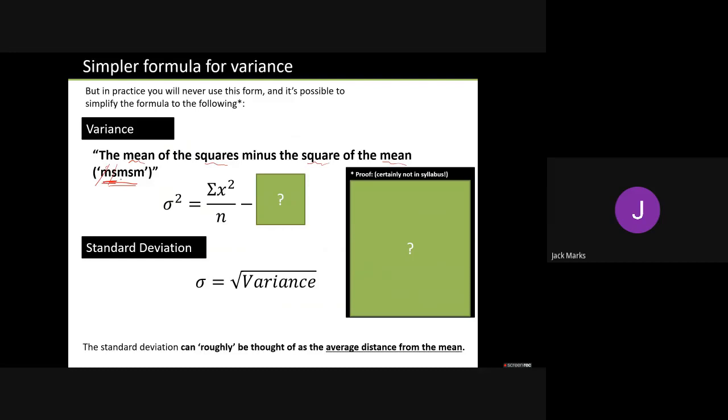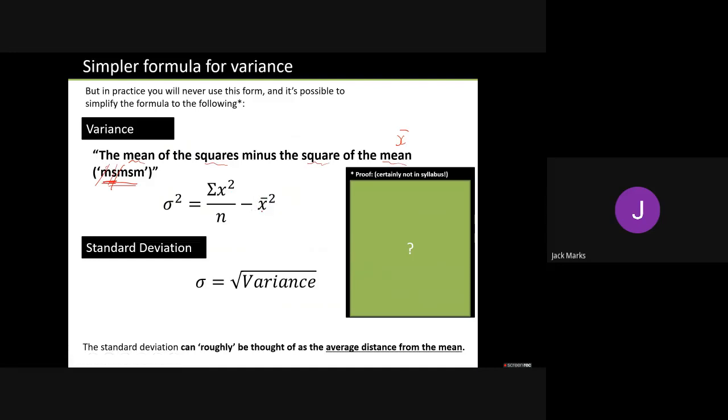So then there's another M. What could the M be about? Well, the M is about the minus. What's left? So the same kind of words being used. The square of the mean. We know that mean looks like this. So perhaps we need to square this value. So it looks something a little bit like this.